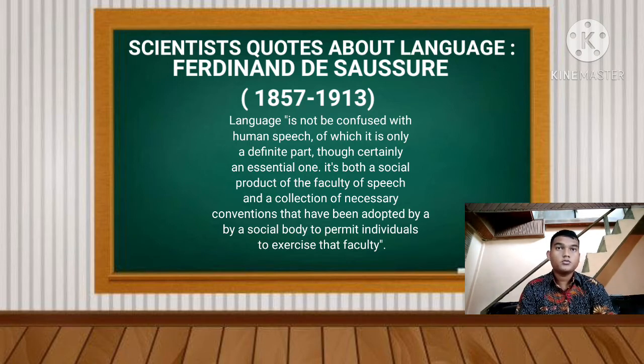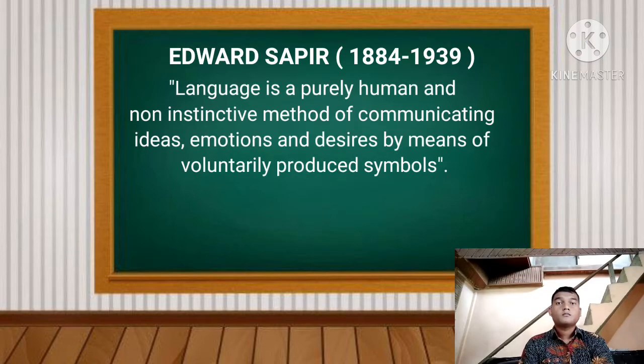It is both a social product of the faculty of speech and a collection of necessary conventions that have been adopted by a social body to permit individuals to exercise that faculty. Next, according to Edward Sapir, language is a purely human and non-instinctive method of communicating ideas, emotions, and desires by means of voluntarily produced symbols.